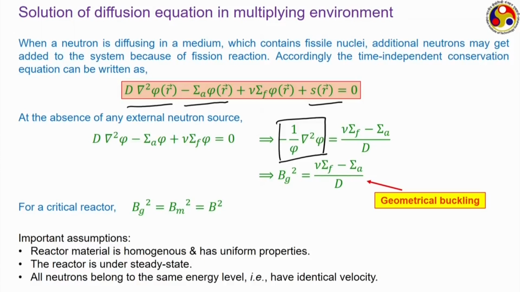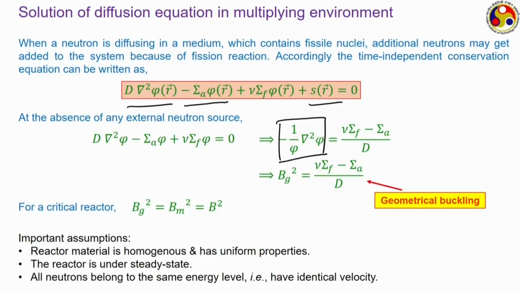So, we now have to apply this diffusion equation in multiplying environment to have more realistic neutron distribution in reactors. But before that, we have to remember a few assumptions. Reactor material is assumed to be homogeneous and having uniform properties in all directions, and the reactor is working under steady state, that is, it is a critical reactor and the total number of neutrons remains constant with time, as are any other parameters.